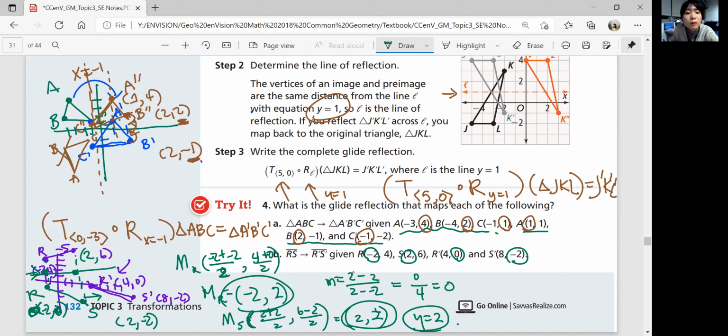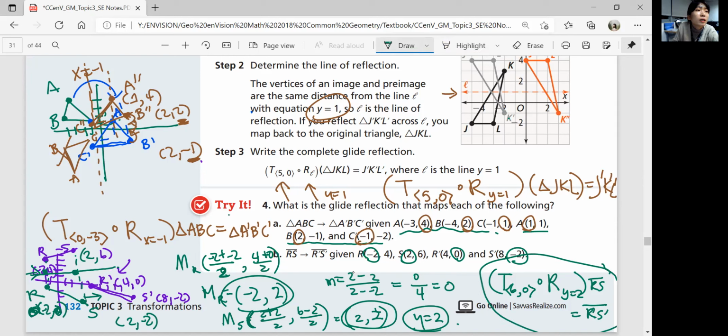So first we write a translation of 6 units to the right, comma 0, after reflection on the line y equals 2. And then you can say line RS ends up with line R prime S prime. So let me circle and mark our answers. Those are our answers.